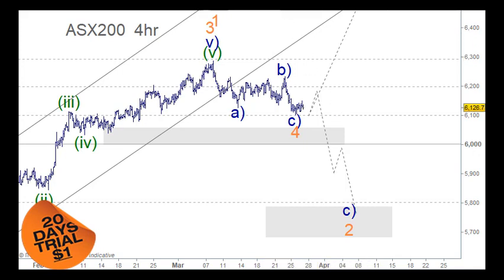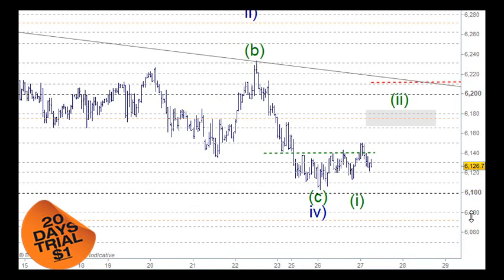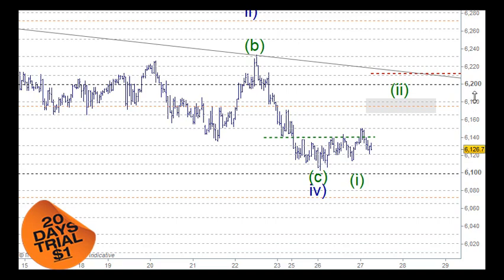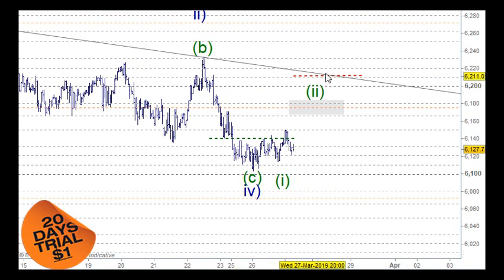So let's just go to the hourly chart now that we know what we need to be mindful of here. First of all, we're already short here. So we had the stop, the red line here above the wave B here. On the other chart we just had a look at, I had wave 4 in orange, but I've got it in blue here.